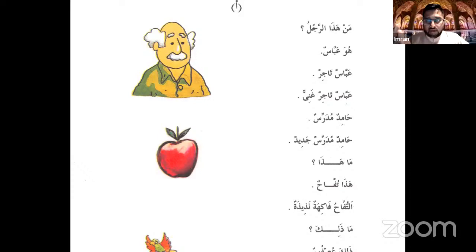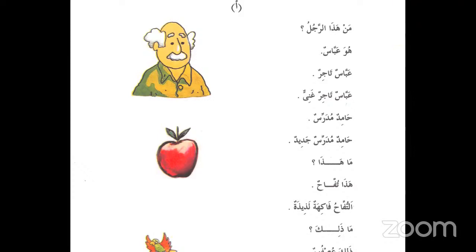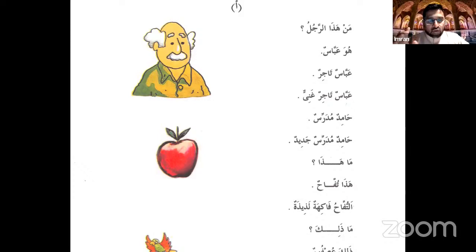And the third thing is in regards to being singular, dual, or plural. So if it's a plural, then the adjective will also come plural.